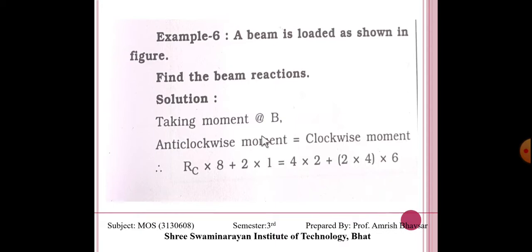Another case: a beam is loaded as shown in the figure. Find the beam reactions. Whenever we have this kind of beam, we have to take moment at a support, any one of them, with anti-clockwise moment equal to clockwise moment.